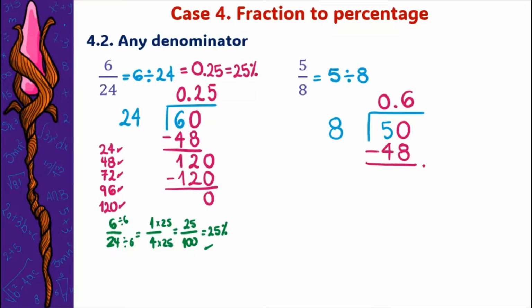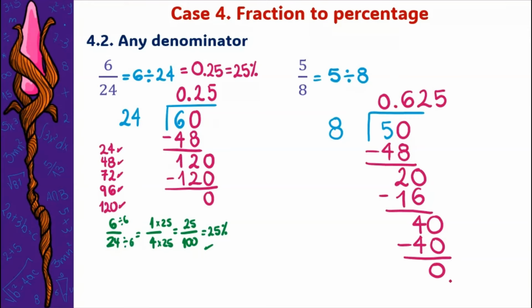So we do the subtraction, it's going to give us 2. We put a 0 and keep going. 8 in 20 is twice. 2 times 8 is 16. 20 minus 16 is 4. We put another 0 and keep going. 8 times 5 is 40. 40 minus 40 is 0.